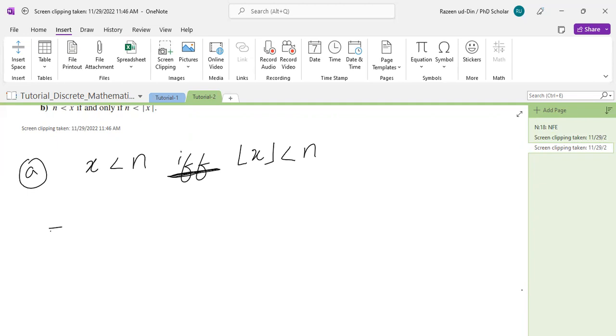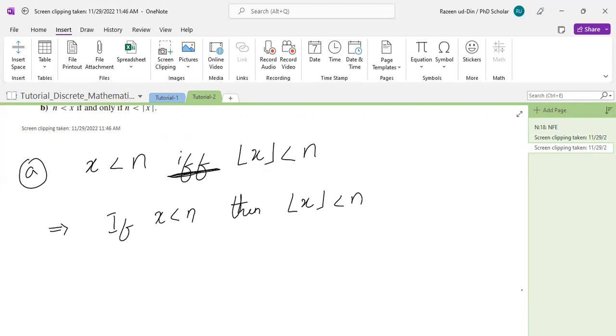So the first way, i.e. if x is less than n, then floor of x is less than n.